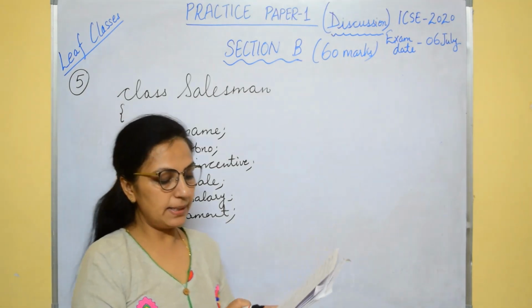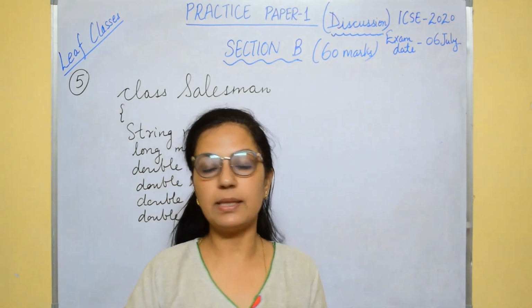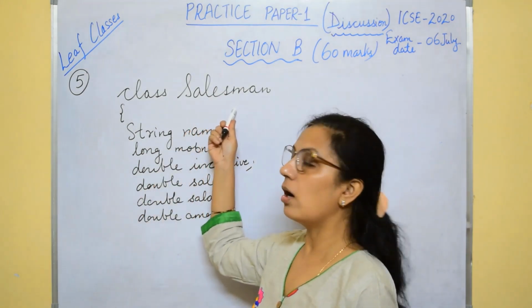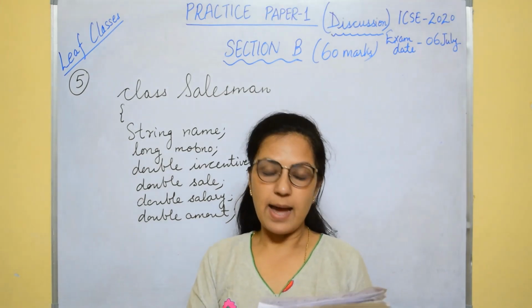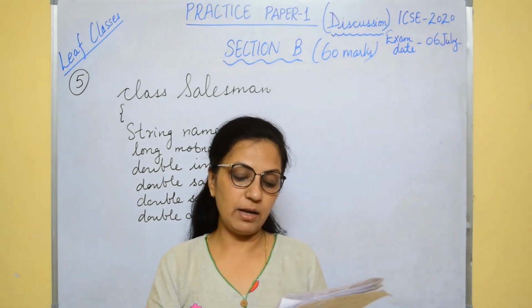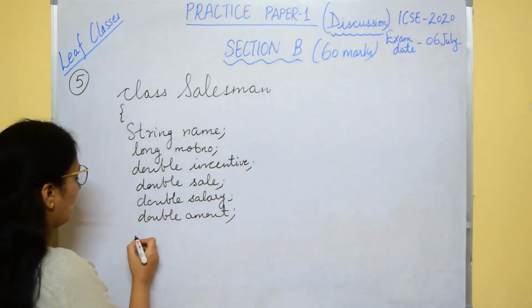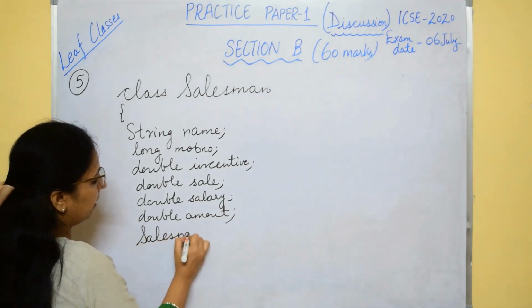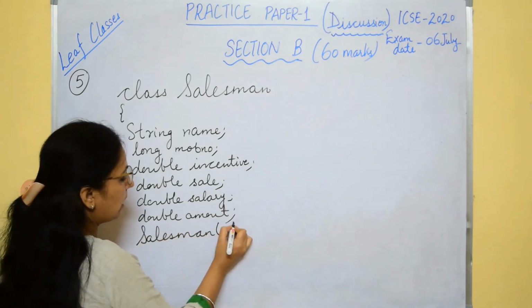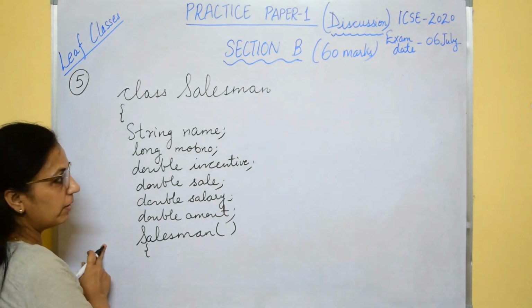The member methods: salesman. The name of this method is the same as your class name. So this is the constructor, and in the description it is given as a default constructor to initialize data members. Now for a constructor, you should know that there is no return type, not even void.